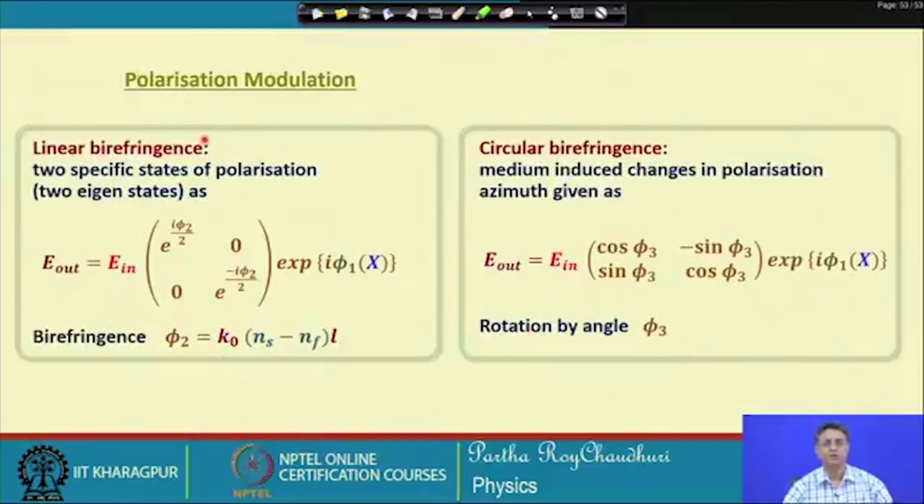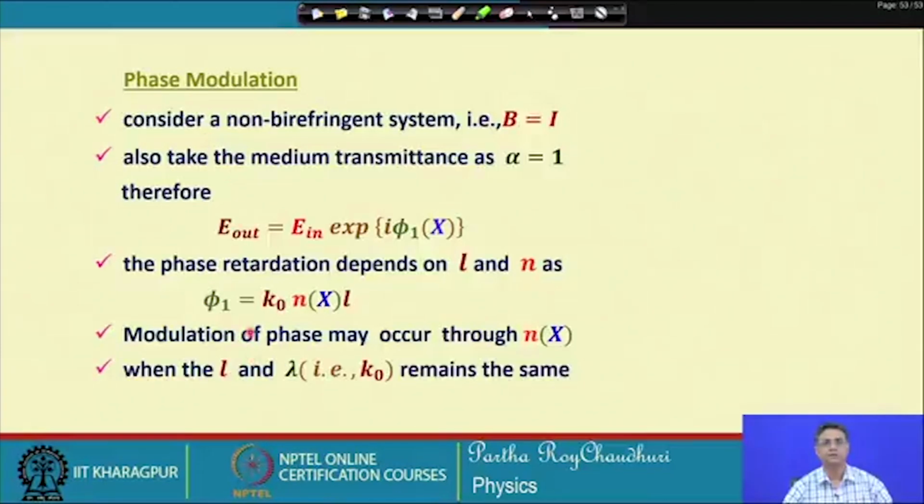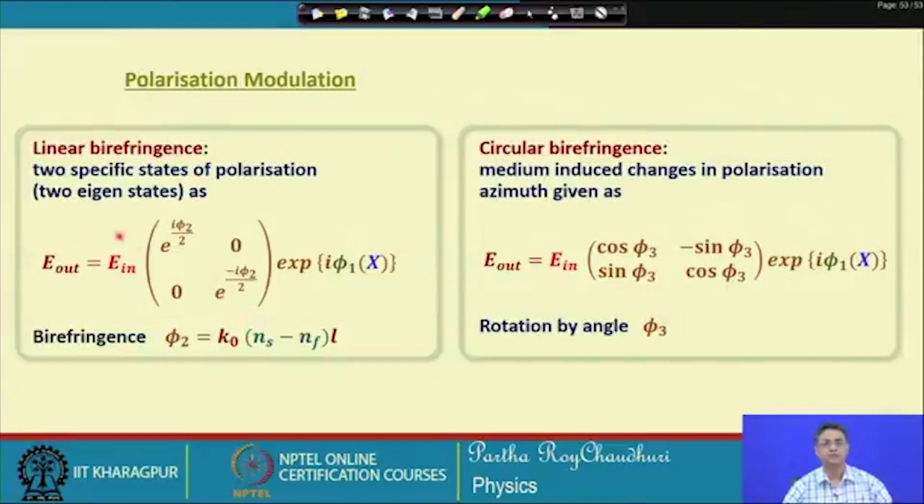For polarization modulation, if we consider the linear birefringence, then there will be two specific states of polarization, the two eigenstates, and we can describe this polarization eigen matrix by this, where phi 2 is the birefringence, the phase retardation, with slow axis, fast axis refractive indices, and this is the length L over which the two polarization states are travelling.